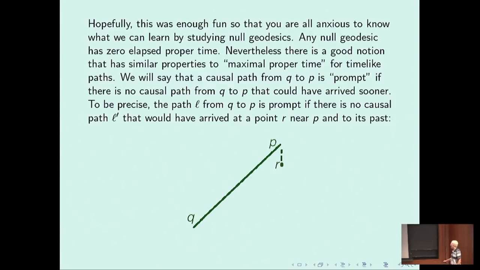If there's no causal path from Q to R, even if R is only slightly in the past of P, then we say that the path from Q to P was prompt. And prompt causal paths, as you'll see, are very special, but they're analogous to time-like paths that maximize the proper time, or Euclidean paths that minimize the distance.